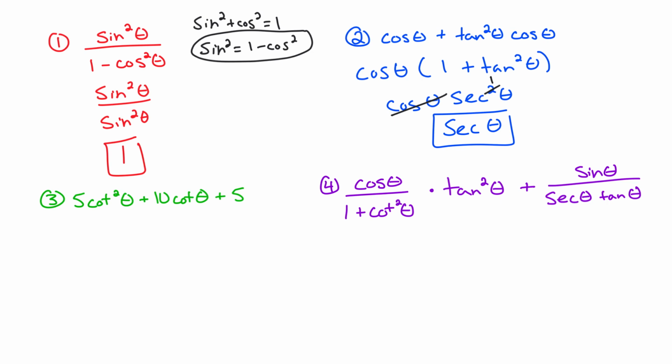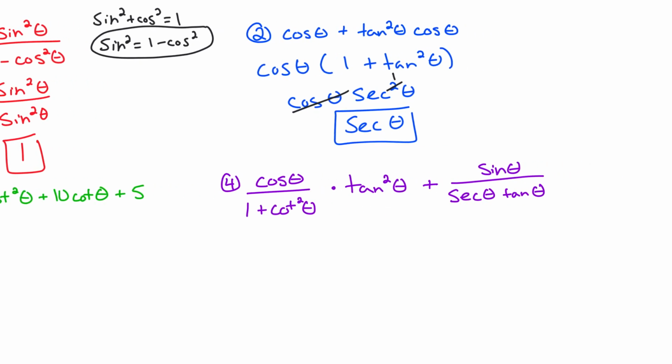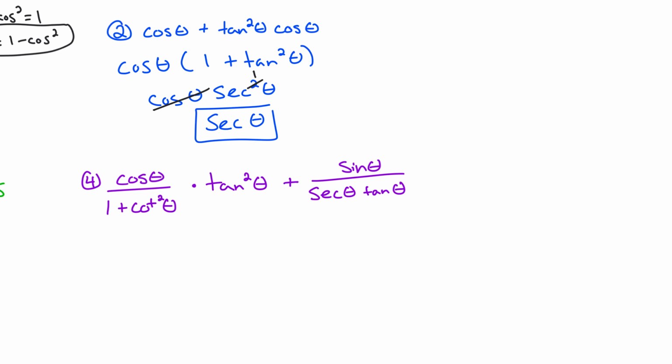Now what we also could have done, if we so chose, is we could have taken the route that we did previously, which is to turn everything into sines and cosines. I'm going to show you I get the same answer. This could have also been cosine of theta plus tangent squared, which is just sine squared of theta over cosine squared of theta, times cosine of theta over 1.